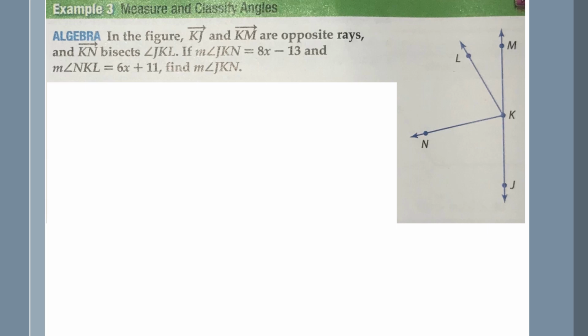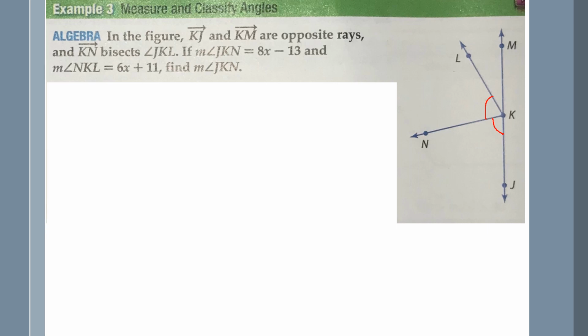Okay. So first thing we do is we always mark the diagram. We take information from the problem. So opposite rays, all right, KM and KJ. KN bisects angle JKL. So angle JKL is cut, and this angle is equal to this angle.